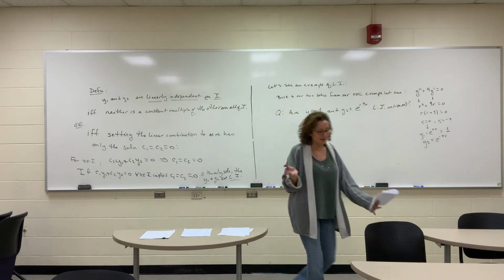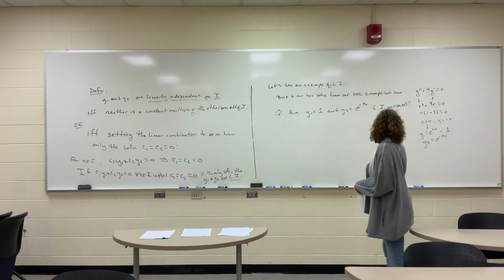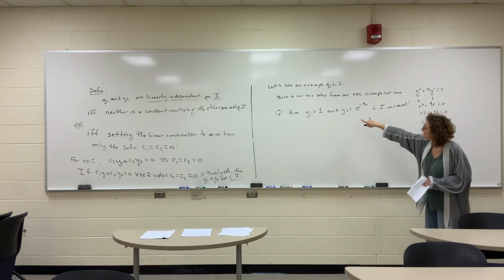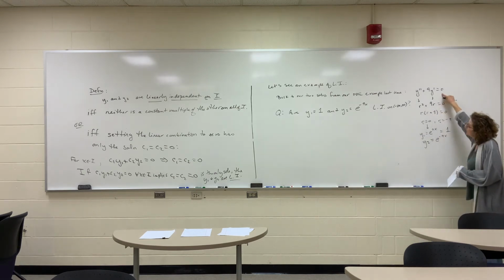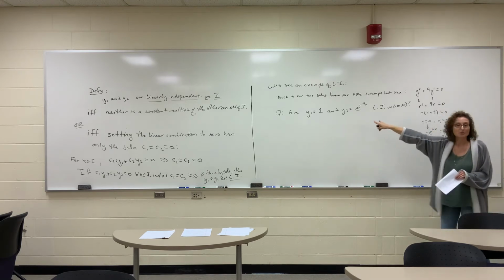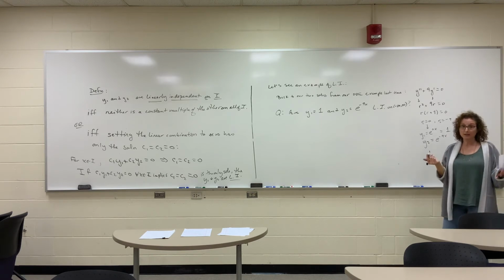Remember where we started this whole process. If the answer is yes, then we can say those two are a fundamental solution set to this differential equation, and therefore the general solution, every solution, will just be the linear combination of those. That's a big deal.